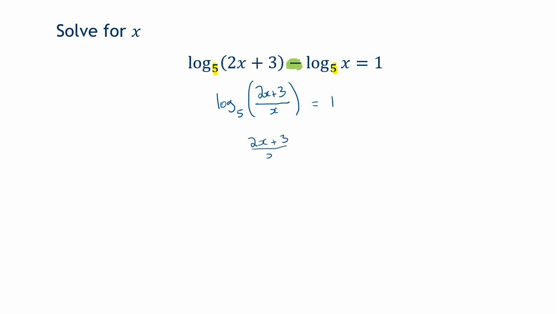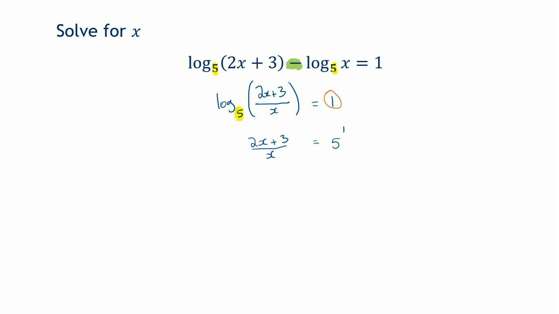Notice that the log to the base 5 has disappeared, but what's worth noticing is that the base was 5. Now that 5 doesn't really disappear, it reappears on the other side of our equation as the base, and our value of 1 that we had on the right hand side, well, that now becomes an index on the 5.